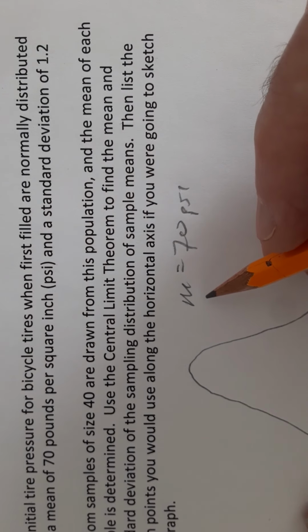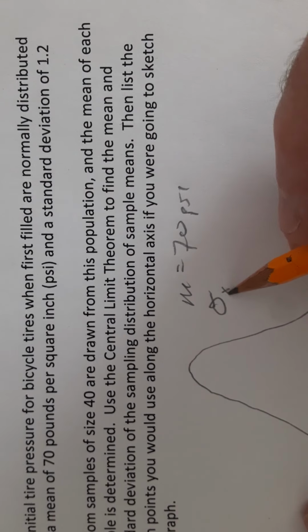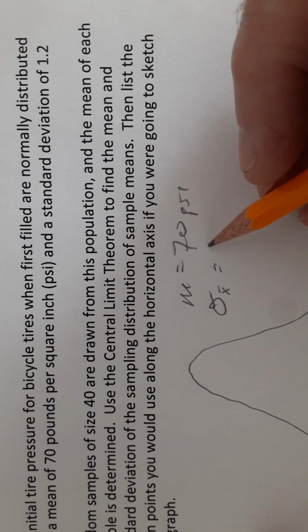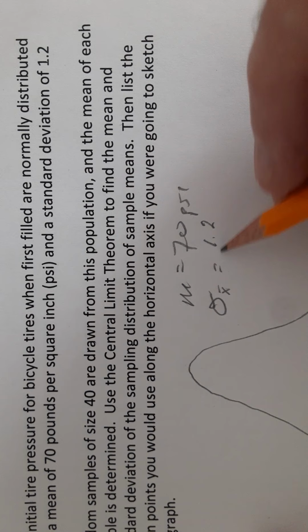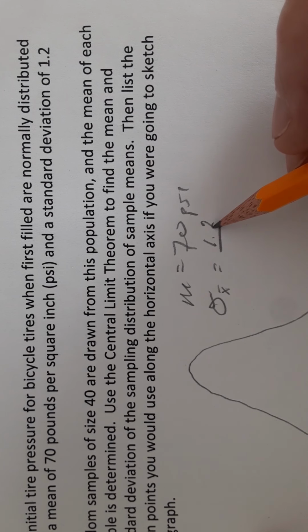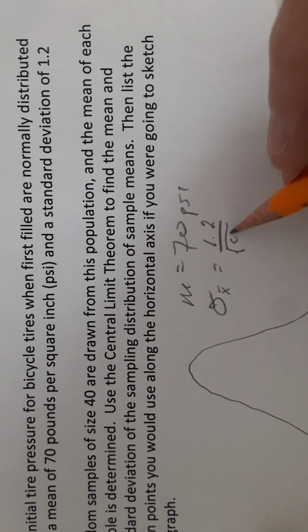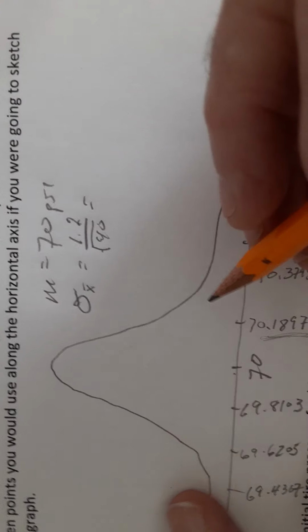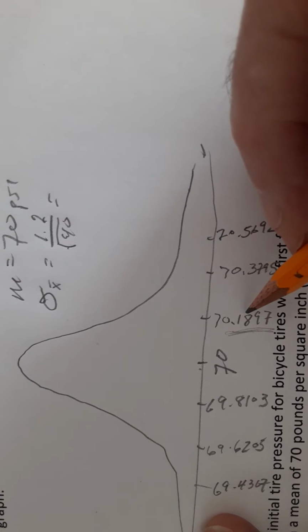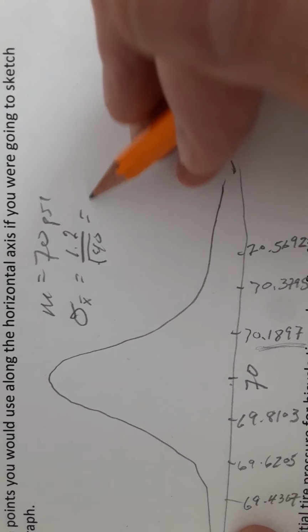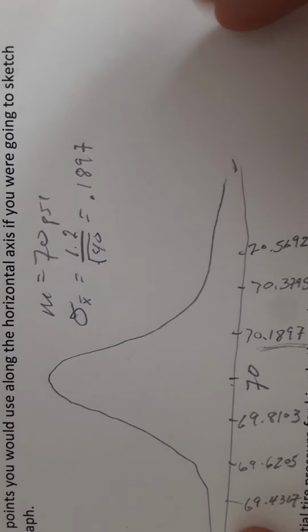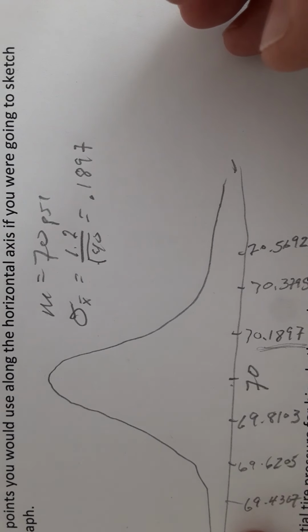The standard deviation, the sigma of the samples using the central limit theorem, was 1.2, the standard deviation of the population, over the square root of 40. Looking at your first number, that is 0.1897, accurate to 4 decimal places, which I'm always looking for.